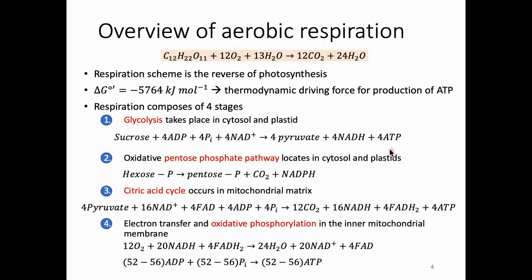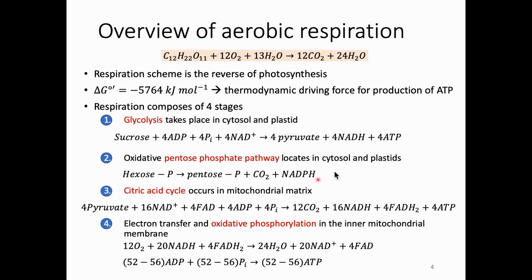ATP from glycolysis and from the citric acid cycle is obtained by a chemical reaction that creates energy to phosphorylate ADP, and you get ATP. ATP from these two reactions we call substrate-level phosphorylation. So from these three pathways, you get some reducing power.